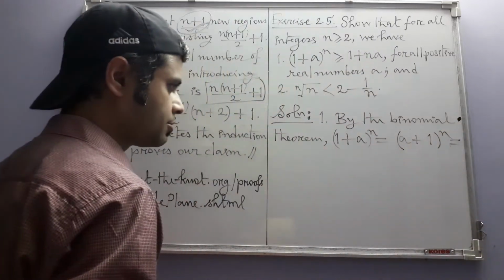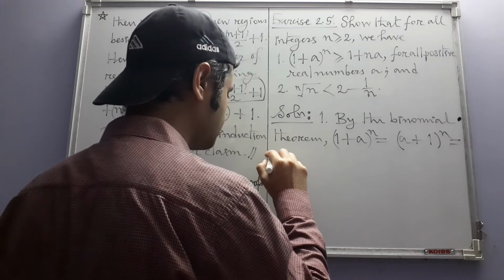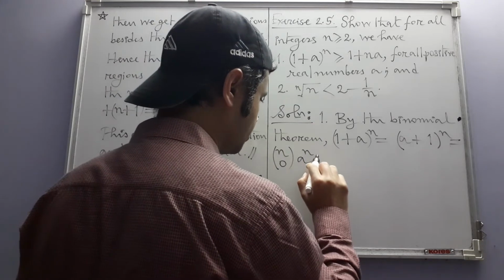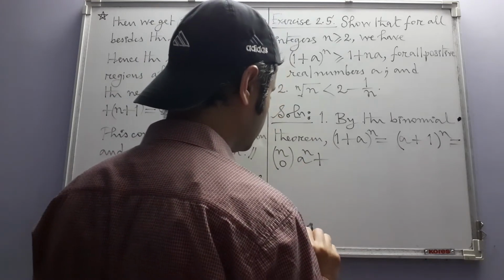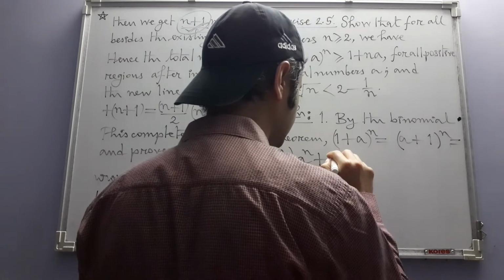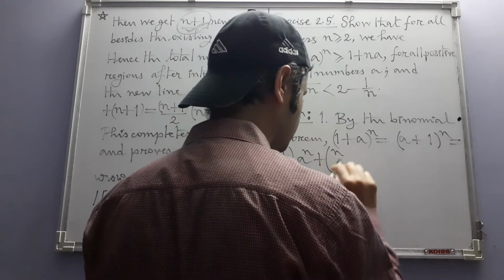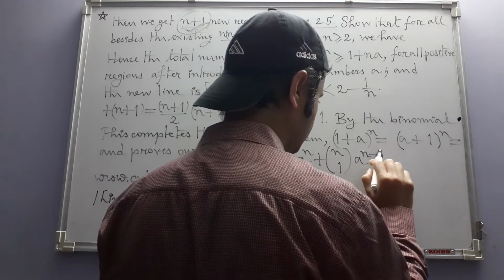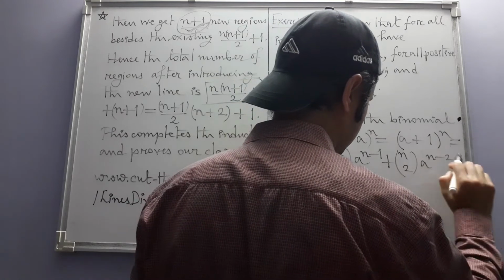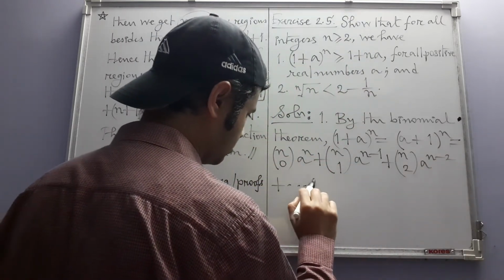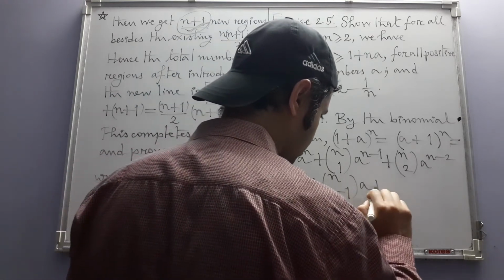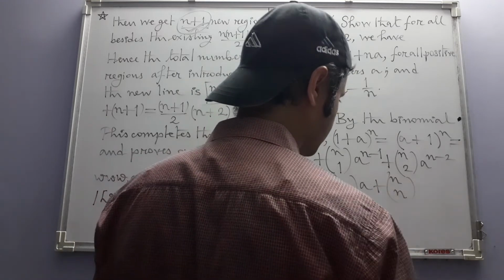This is also equal to a plus 1, and that is n choose 0 a to the power n. Oh, but then okay, let's just do it the way it's going, no need to overthink it. n minus 1 a plus n choose n.